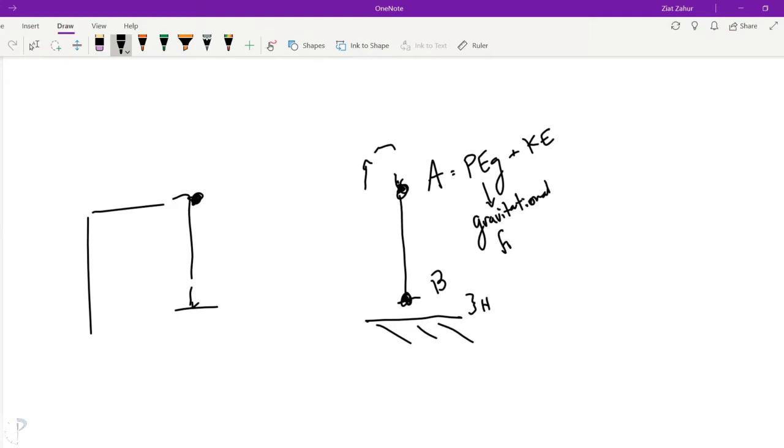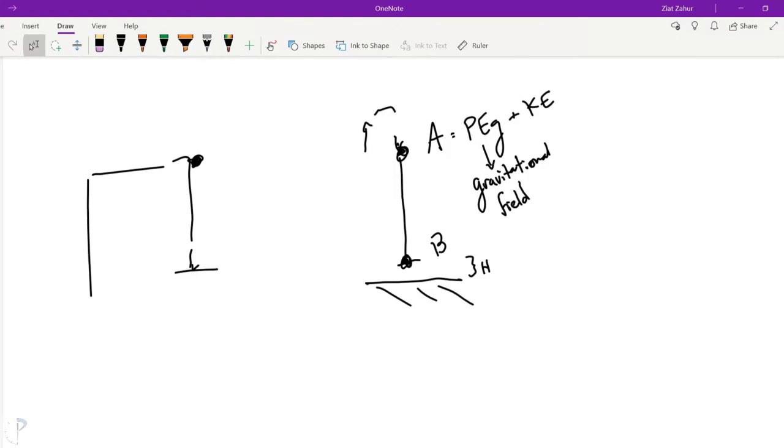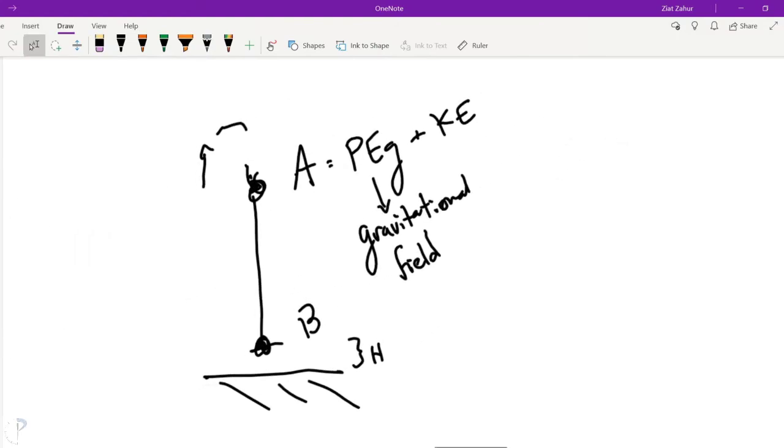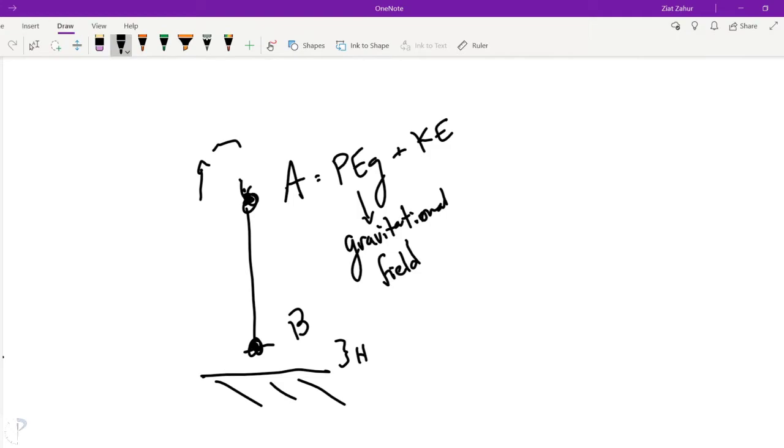That's your storage. So stored in the gravitational field. Where is kinetic energy? Well, kinetic energy is within the object itself, so the person has the kinetic energy.